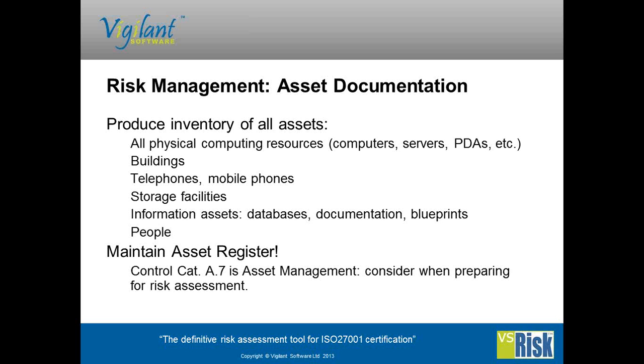But certainly in terms of the inventory of assets, you're likely to be looking at all of the physical computing resources, whether that's boxes, PDAs, printers, or switches. They're all physical computing resources. Certainly that would include buildings, data centers, offices, secure environments in which you use hardware.